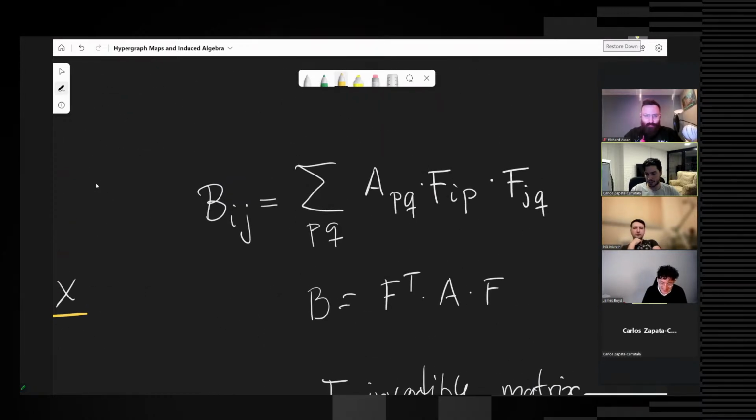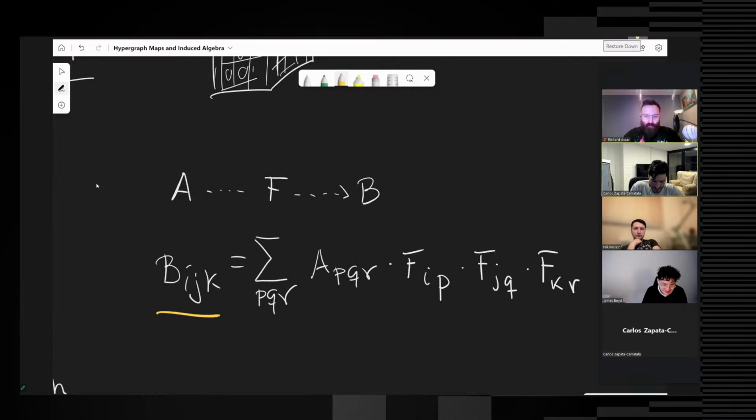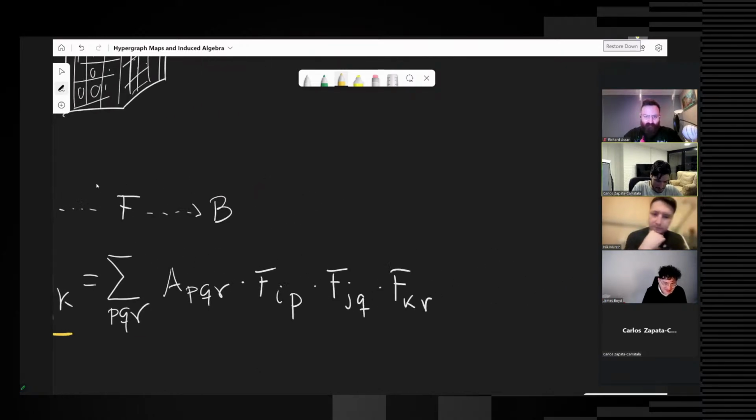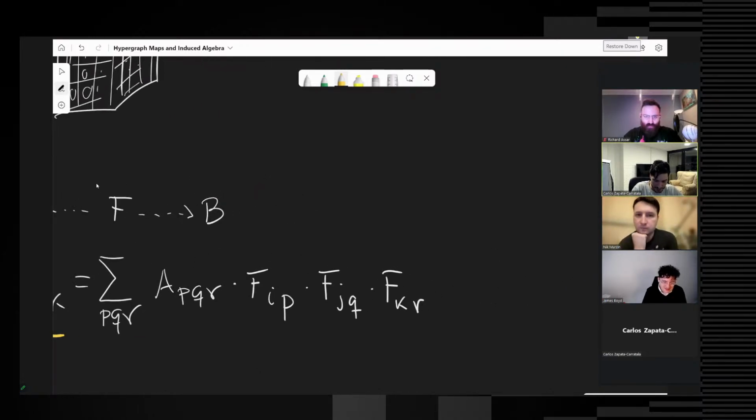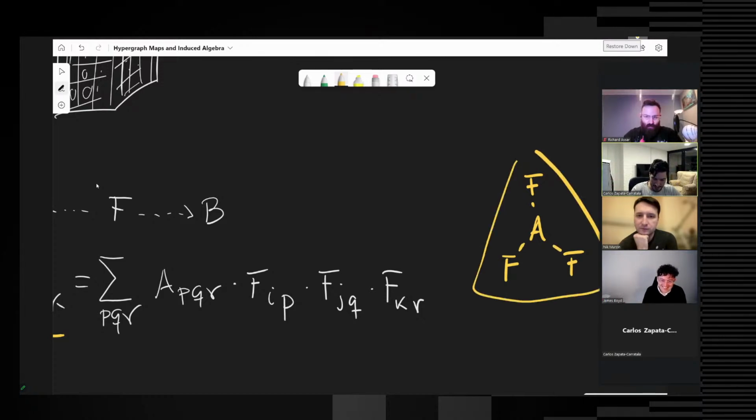It doesn't correspond to a natural F times A times F transpose or anything like that. If I'm discovering this formula for the first time, I would say A is in the middle, and F's are coming in from three directions and attaching to it, and this gives me a new B. That would be my natural notational way to do this.